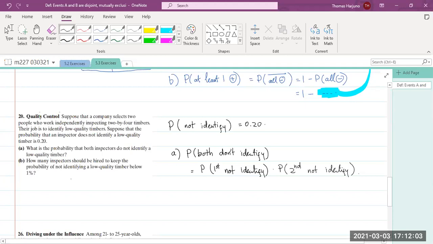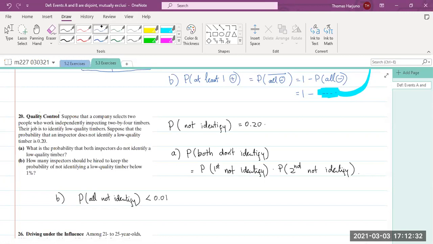Now part B is actually a bit harder. How many inspectors should be hired to keep the probability of not identifying low quality timbers below 1%? So the probability all do not identify is less than 1%.